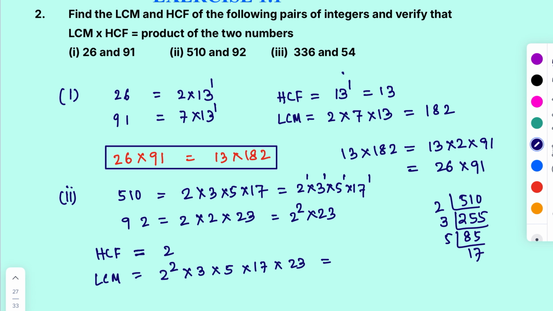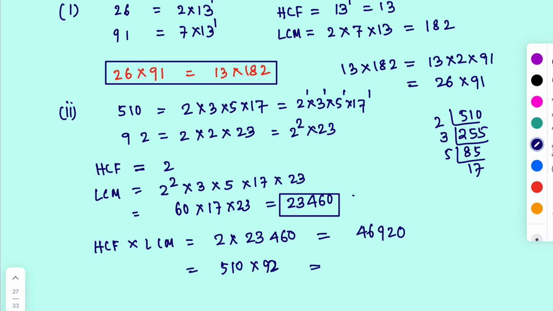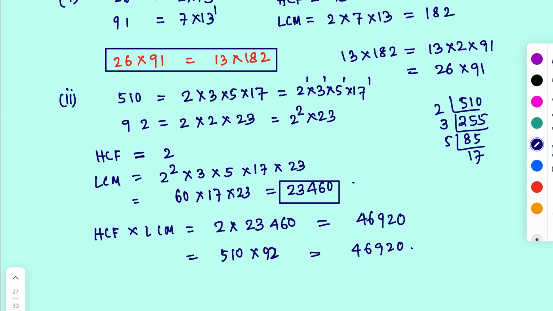You see, if you multiply this, it will be equal to 0, 92, 46. And if you multiply these two, it will be equal to 46920. So HCF and LCM is equal to product of two numbers.